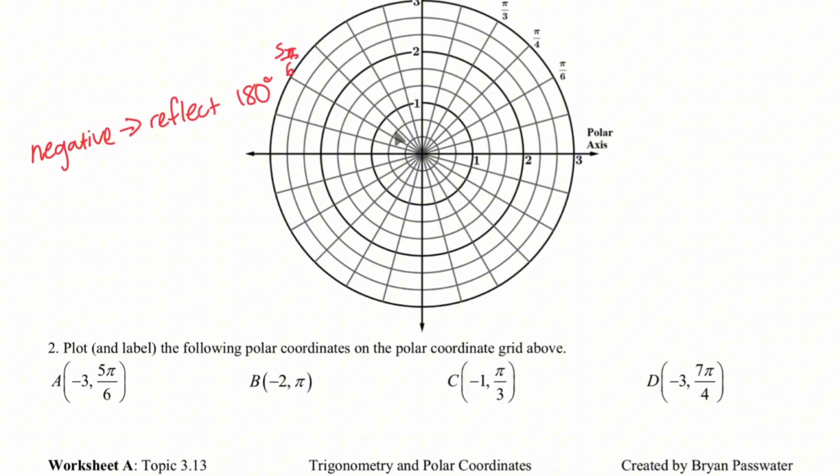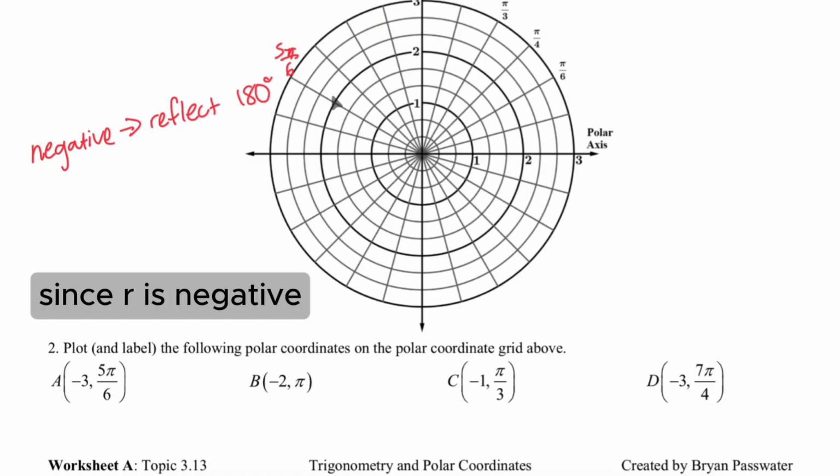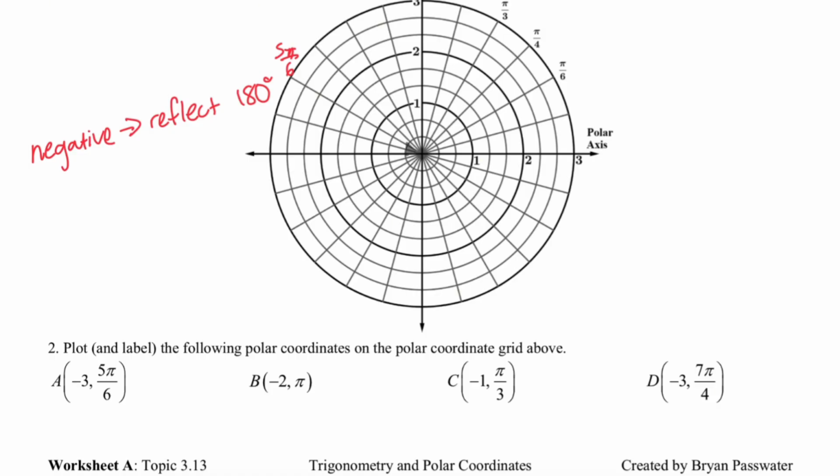And then -3, so originally A would be here. But because it's a negative, we do have to reflect. So I'm going to follow this line here to this line here. That's 11 pi over 6, but we don't need to know that. We just need to know that A is there. So that's A.